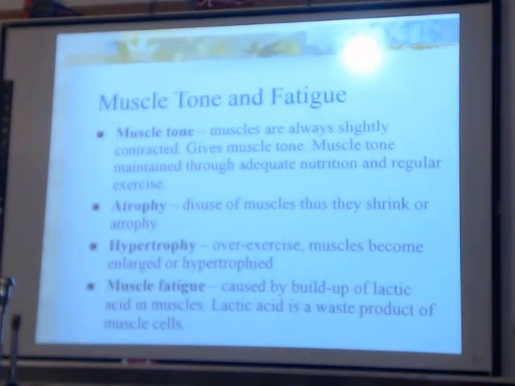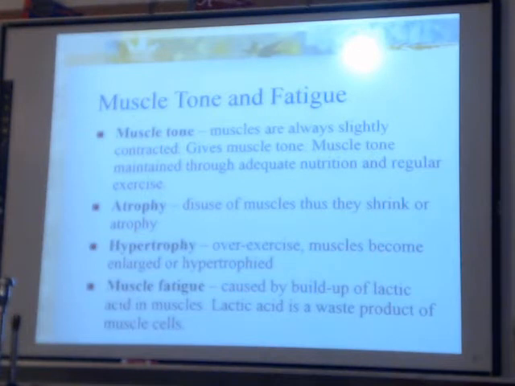Muscle tone is what we should always have, a good muscle tone to keep our shape, and we maintain that by regular exercise and good nutrition. If we don't eat right, or we don't exercise, or we don't use our muscles, they shrink, and that's called atrophy. People who over-exercise, or who have really, really large, enlarged muscles, that's called hypertrophy.